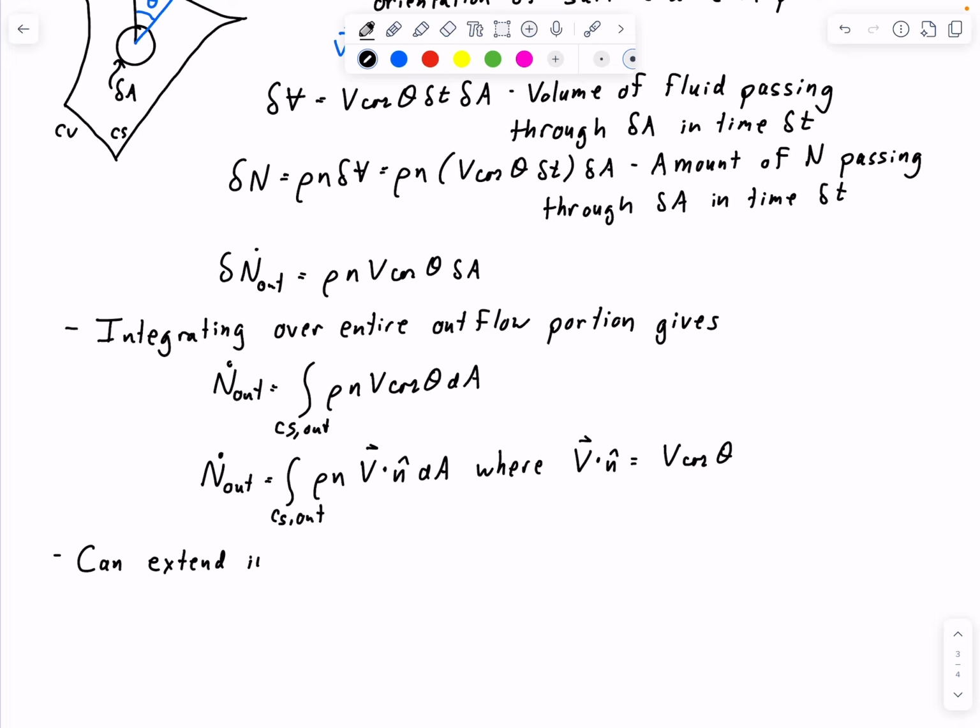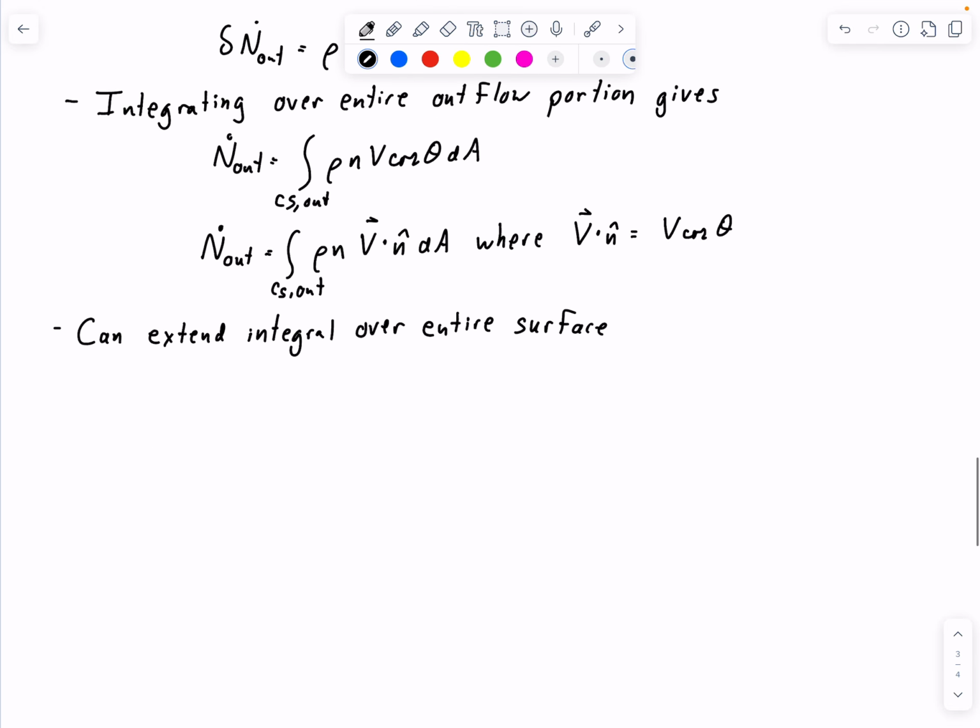So we can extend the integral over the entire surface to include both inflows as well as outflows, as well as areas where no flow is crossing.